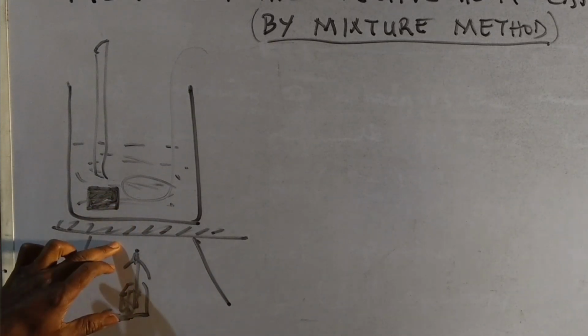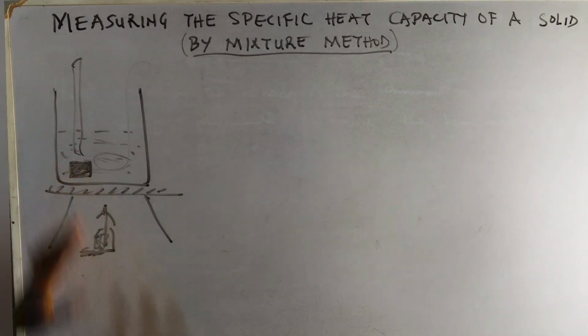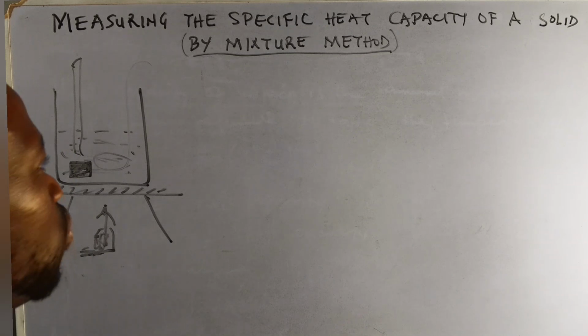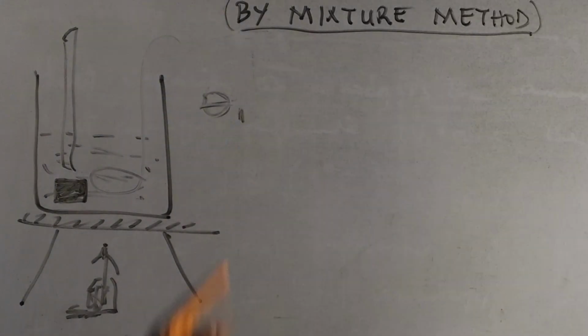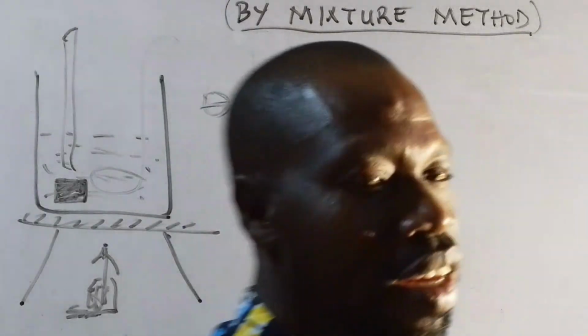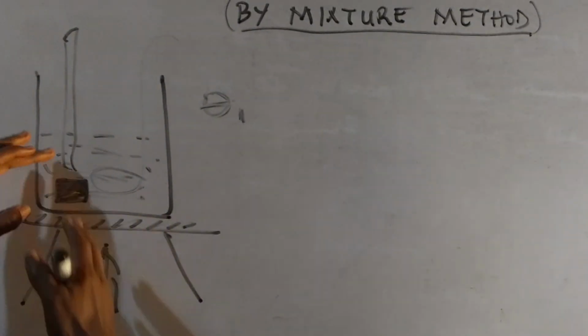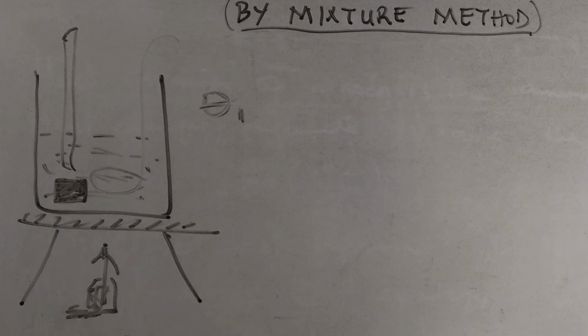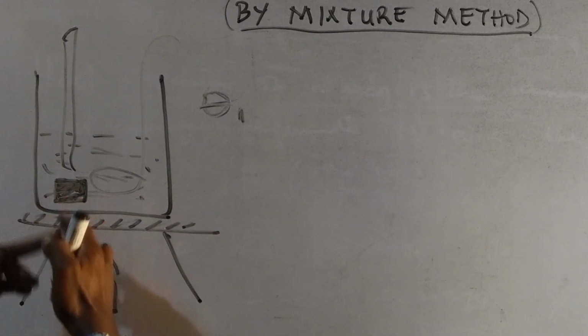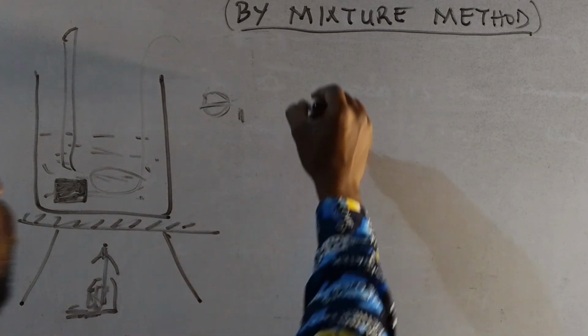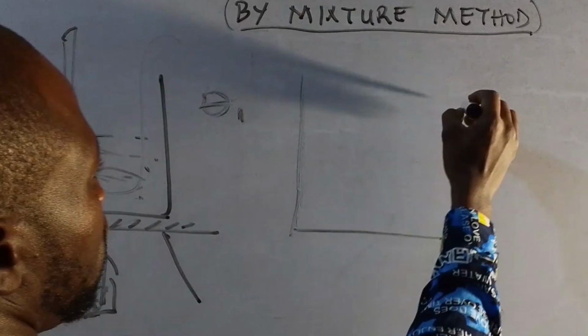You are applying heat to raise the temperature of the metallic substance to theta 1. So this is the initial temperature of the metallic object. After the temperature has gone to a specific temperature, which is theta 1, you are going to quickly move this metallic object to a what?